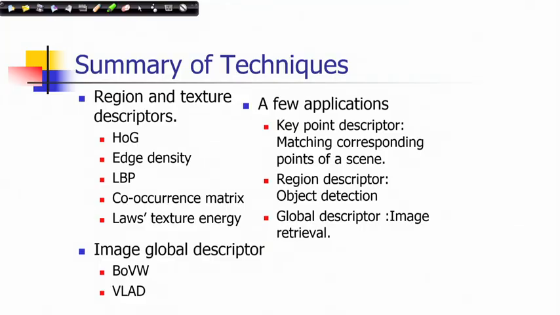Then for region descriptors, object detection could be one application. Using HOG, there are applications of pedestrian detection, there are applications of character recognition, etc. And for global descriptors, we have discussed the application of image retrieval.